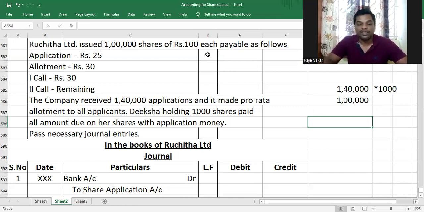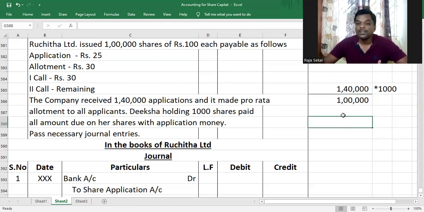That is, if they've given the number of shares held by a shareholder, we multiply and write that, and in the denominator we write the total number of shares, and in the numerator we write the total number of applications. Understood? If they've given the number of applications made by a shareholder in pro rata, we multiply and write the number of applications, and in the denominator we write the total applications, and in the numerator we write the total shares.